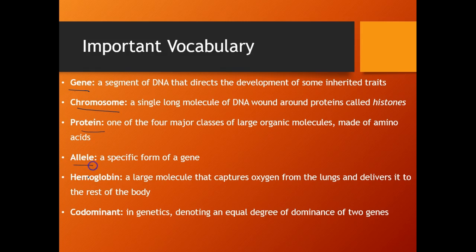We have alleles, which are a specific form of a gene. Hemoglobin, which is that large molecule that carries oxygen from the lungs and brings it to the rest of the body. And then we have the codominant inheritance, meaning that there are two dominant alleles. So if we have a heterozygous individual, both of the alleles would show up in its physical appearance.